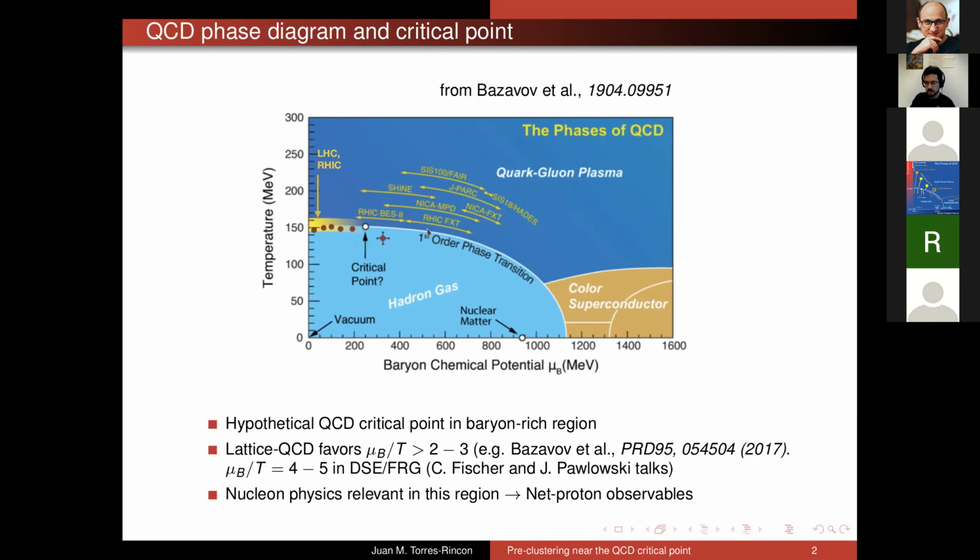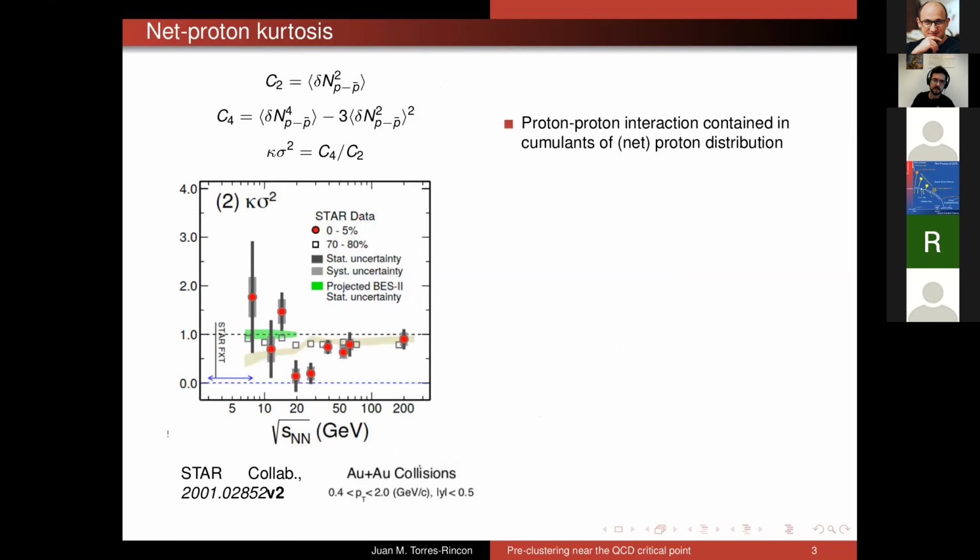In fact, this has been used in experiments to try to measure some net proton observables. Xiaofeng also showed this result from STAR about the kurtosis of the net proton distribution, where you compute different cumulants of the net proton distribution and then take this ratio, 4th order cumulant over 2nd order cumulant, to get something called scaled kurtosis.